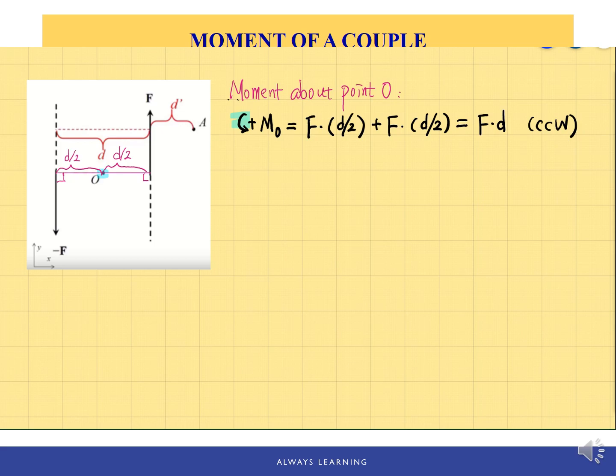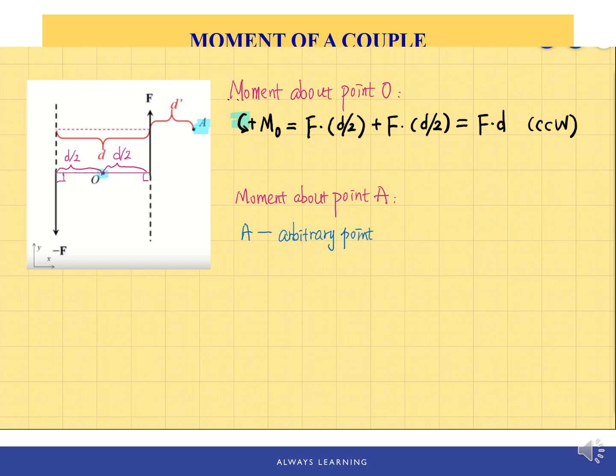Now let's take a look at the moment about point A. This point A is an arbitrary point in space, or in this plane. The distance from point A to this force F pointing up is d prime, and this is an arbitrary distance.